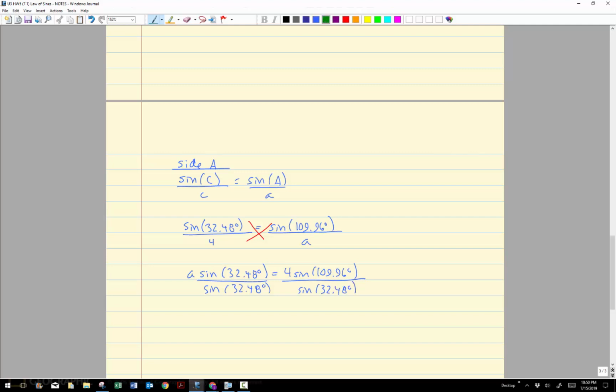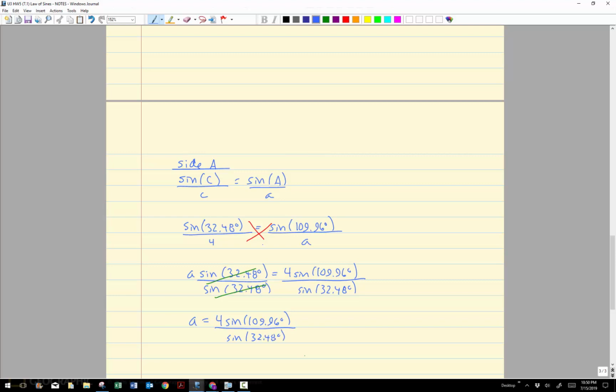These cancel, and I'm left with A equals 4 sine 109.96 degrees over the sine of 32.48 degrees.